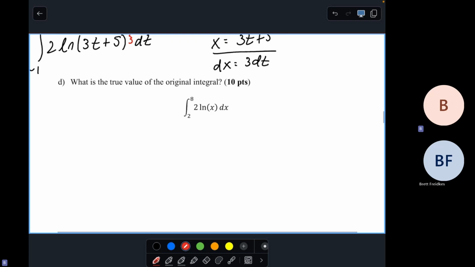So we want to leverage for integration by parts, our little acronym. In this case, there's really only one function anyway that you can assign u to in general.